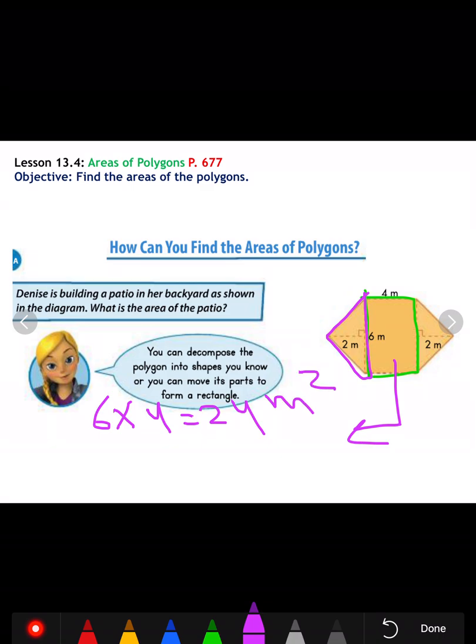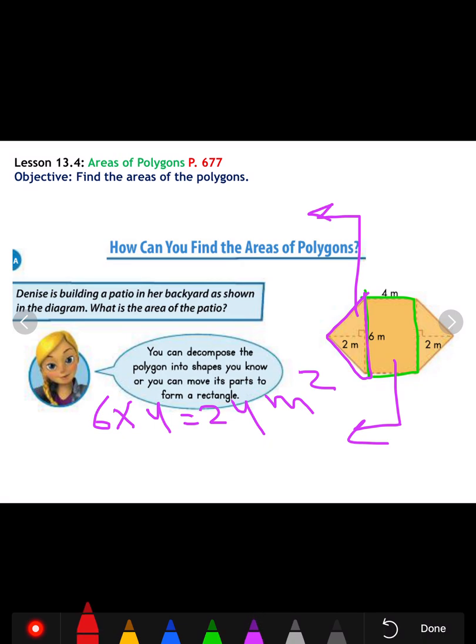Now about the triangles, because they are congruent, this means they have the same shape and size, so I can find the area of one of them. This one, we have the base, which is 6, and we have the height, which is 2. The height is perpendicular to the base, and it connects the base to the opposite vertex.